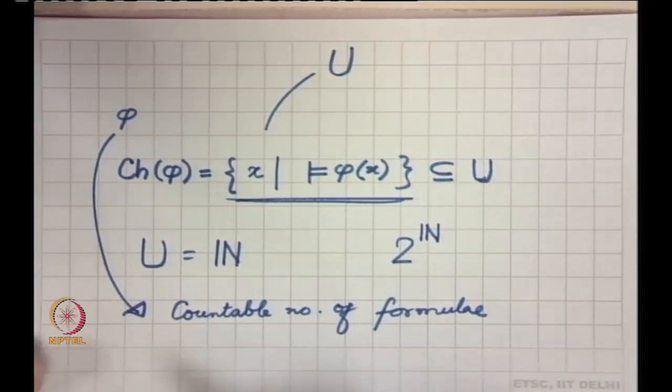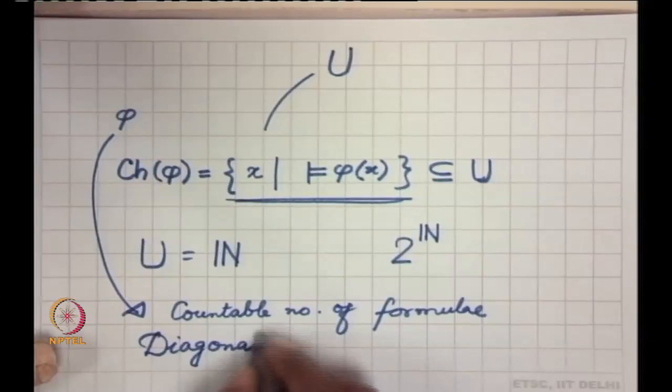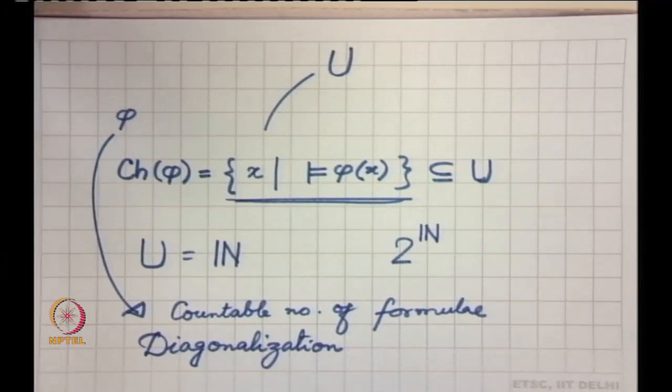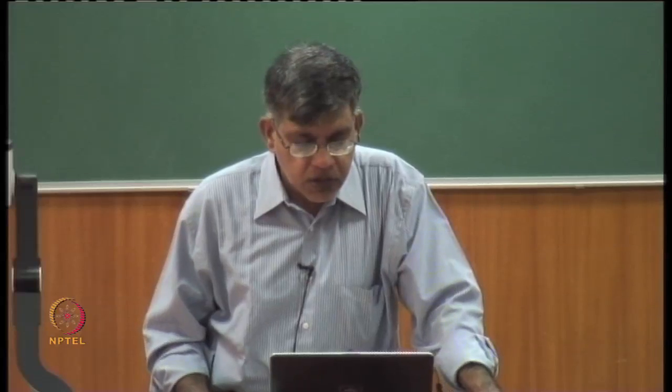And a simple diagonalization argument would show that this is in fact true, that not every property of the natural numbers is expressible in first order logic. The other thing, for example, is that transitive closures are not expressible, and this means that, for example, the first order theory of directed graphs cannot even characterize some of the most elementary properties we see in graph theory books.